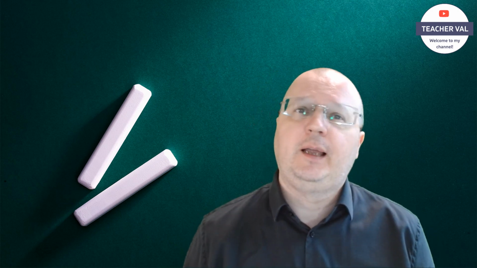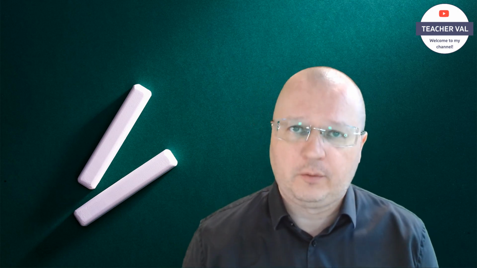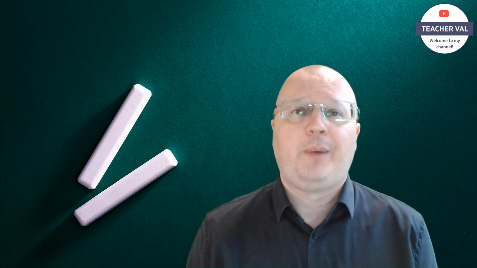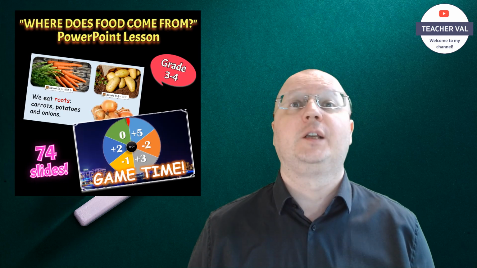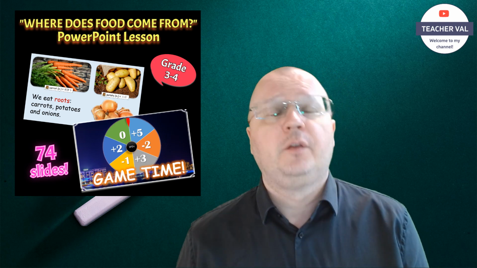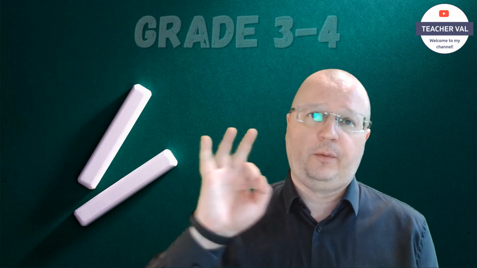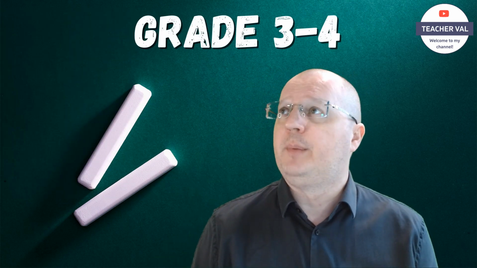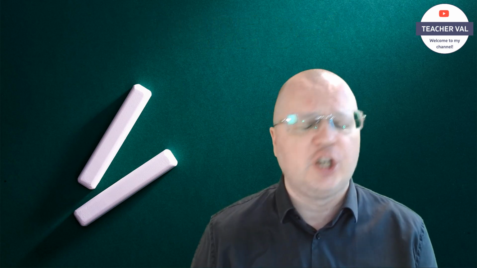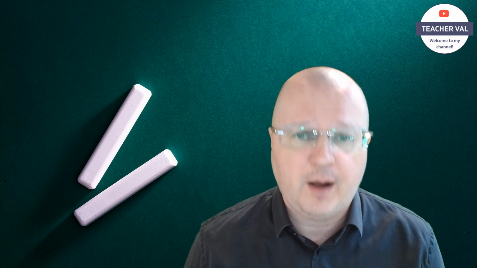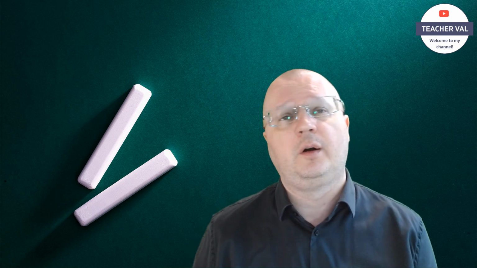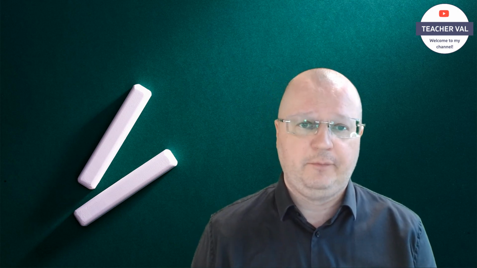In today's video, I'd like to show you a short walkthrough of one of my PowerPoint lessons called Where Does Food Come From? This lesson is designed for grade 3 or 4 students, but I think it's going to work just as well in grade 5. It all depends on your student's proficiency level.